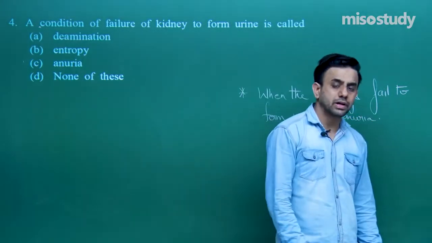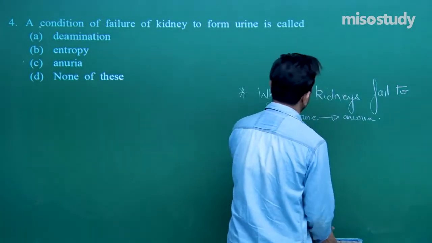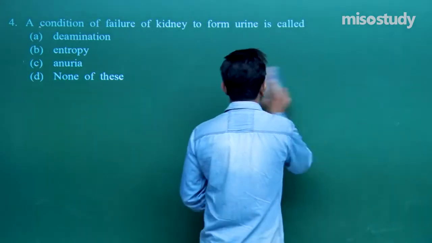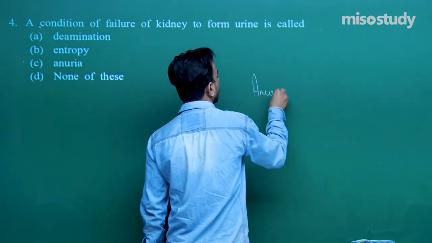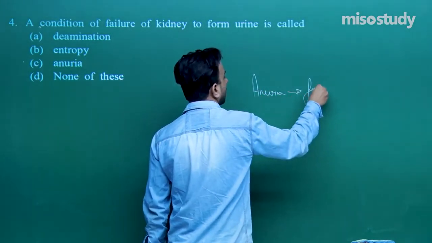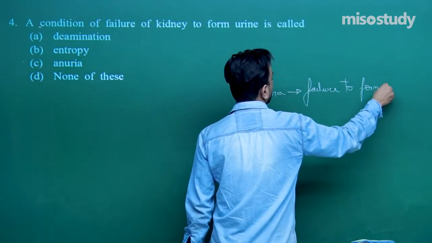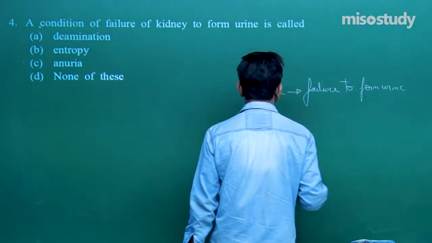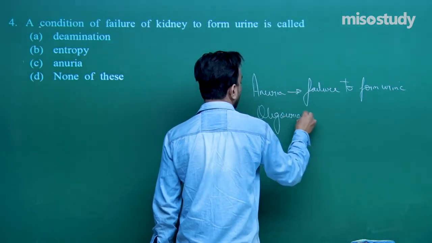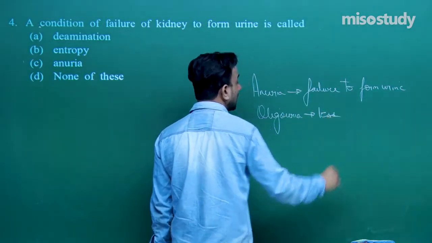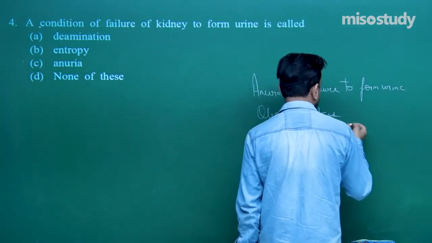Less frequent urination we can call oligouria; these are different terms. So, we can just write those terms rather than writing the whole thing. Anuria, failure to form urine. Oligouria, less formation of urine, or less frequent urination.